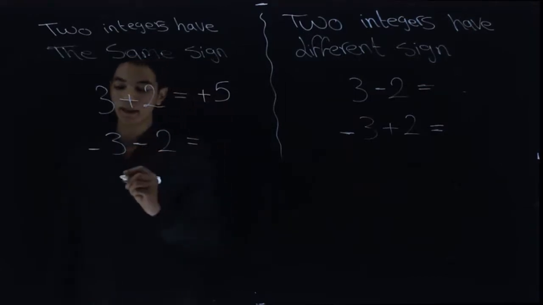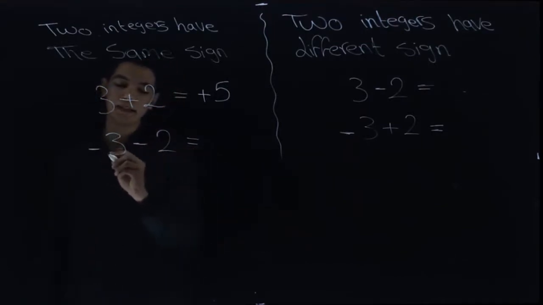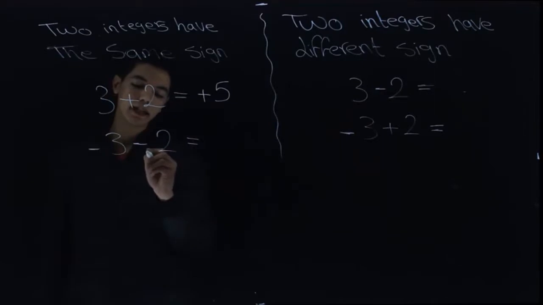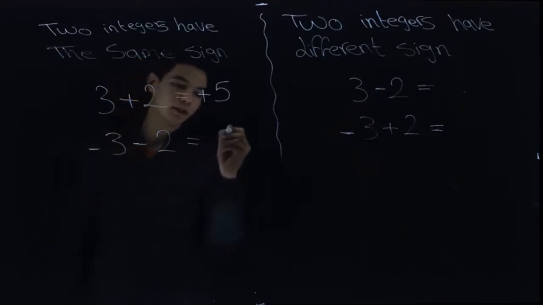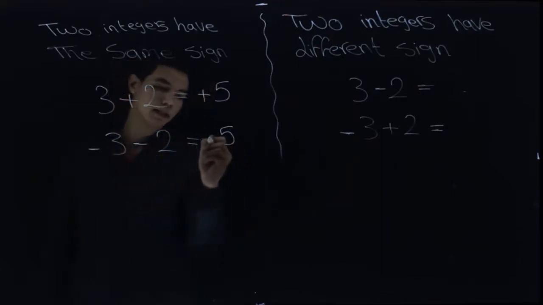The second example is negative 3 minus 2. The first integer has a negative sign, the second integer has a negative sign, so we add them. 3 plus 2 equals 5 and we put the sign of both of them, which is negative.